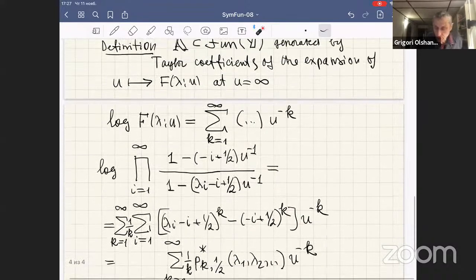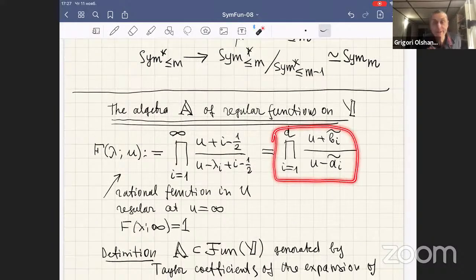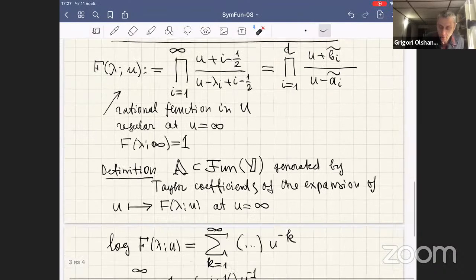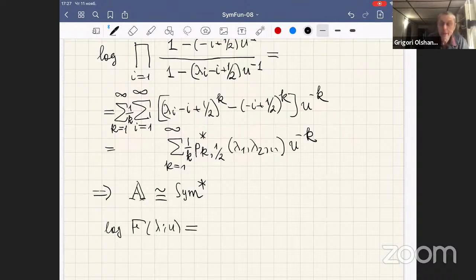But now look at this expression and do the same. Taking this expression, what do we get? Then we get that the same logarithm can be written as follows.